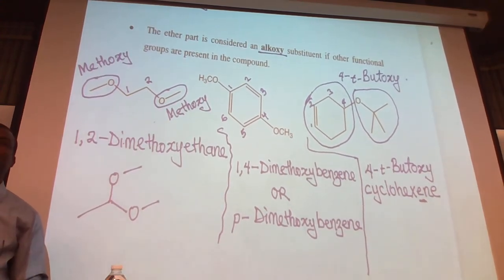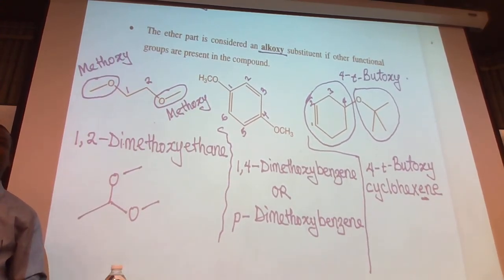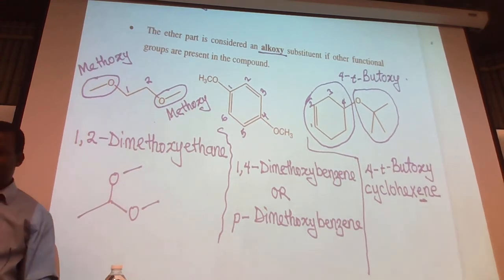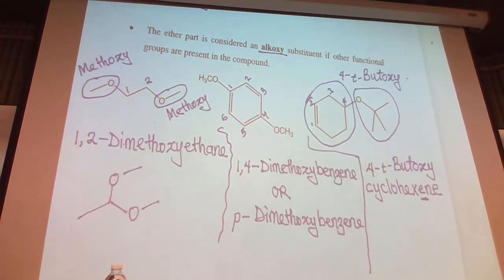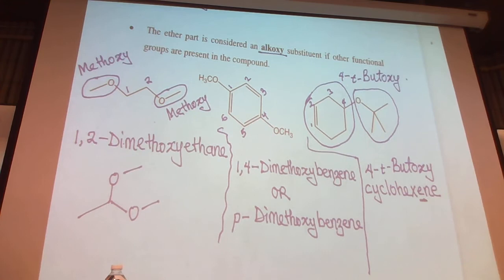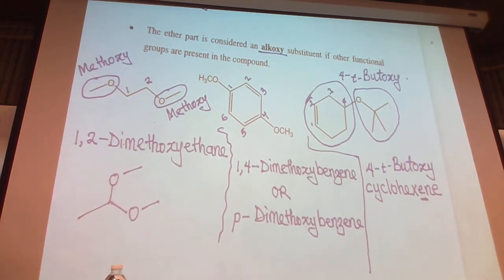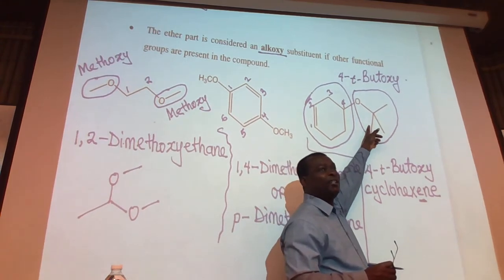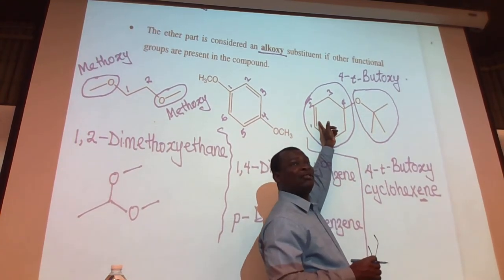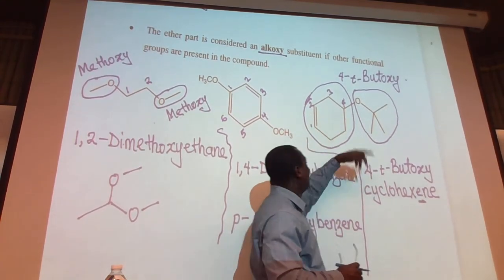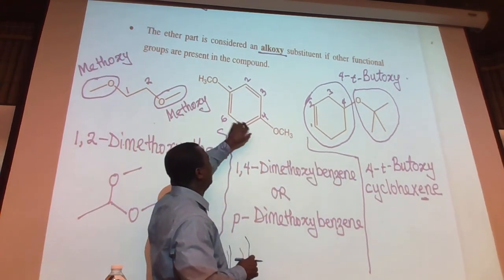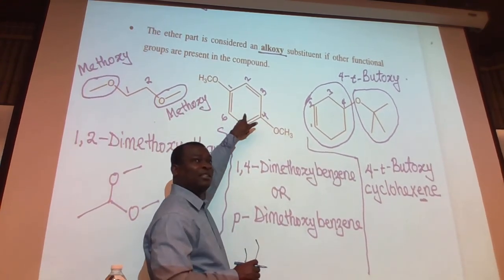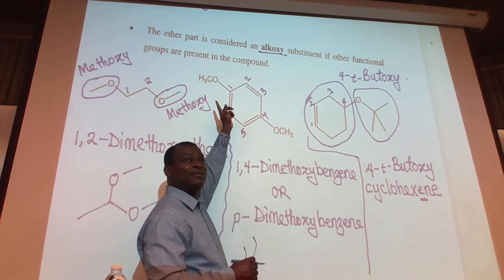So what's the main difference again between when you would use ether and when you would use alkoxy? Okay, so the main difference is if you have any other functional group other than the ether. So if you look at this example, you have the ether there, and then you have the double bond in the ring. So that's 2 functional groups. If you look at these, you have the benzene as a group, and then you have the ether.